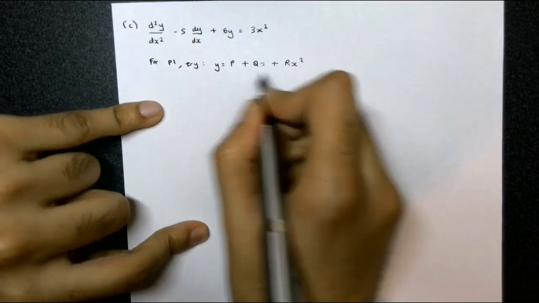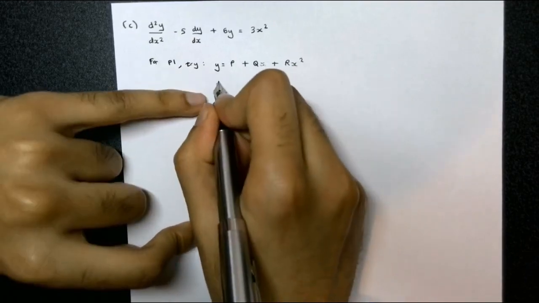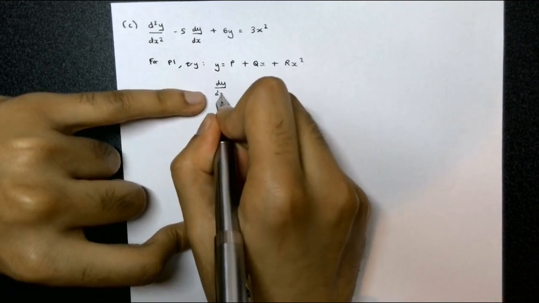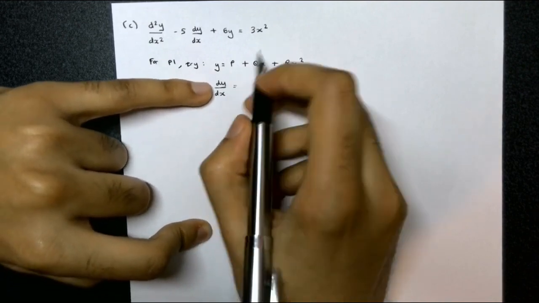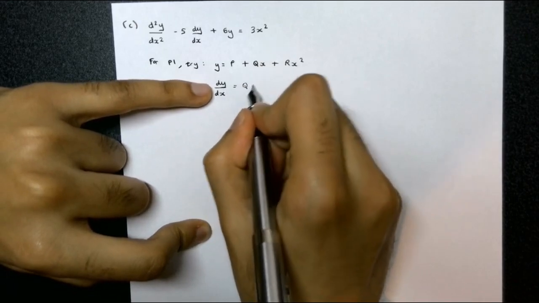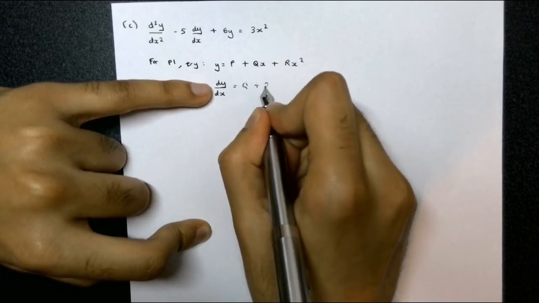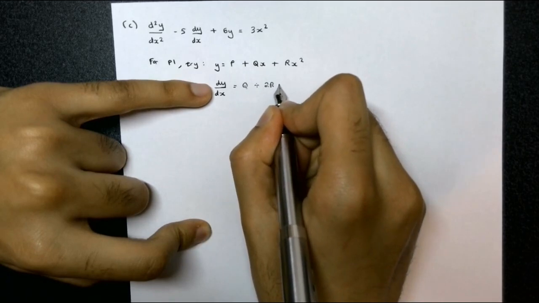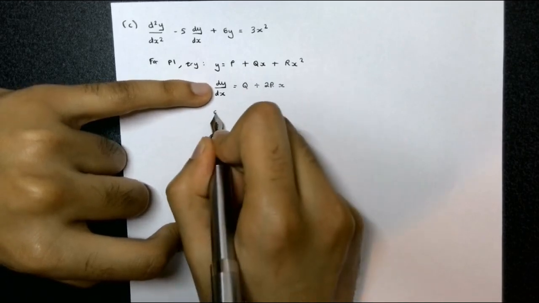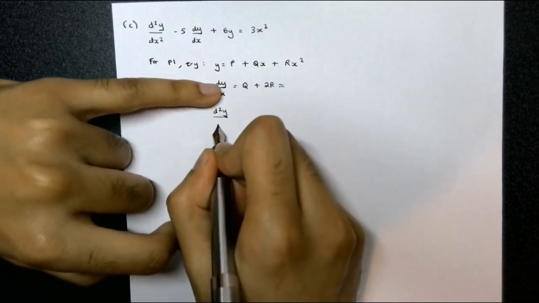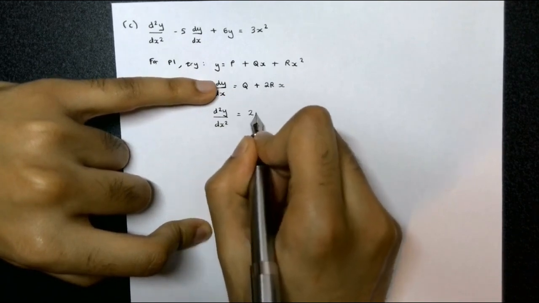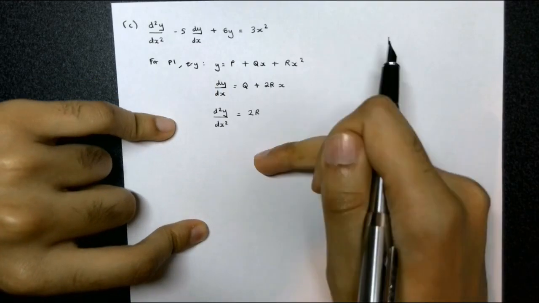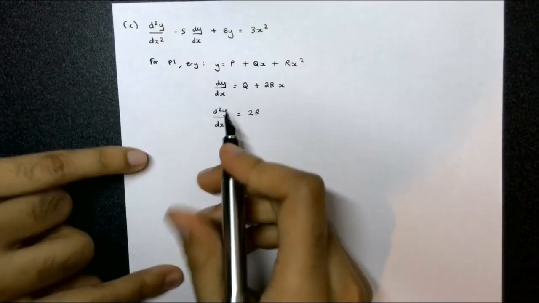So, if we find out what dy over dx is, you'd find dy over dx to equal q plus 2rx, and d squared y over dx squared, that's equal to 2r. We will now substitute these into here.